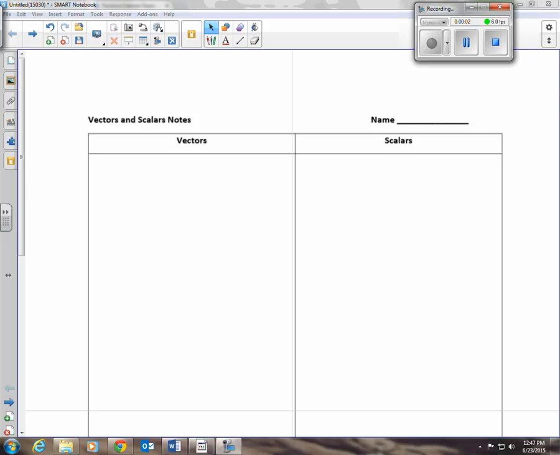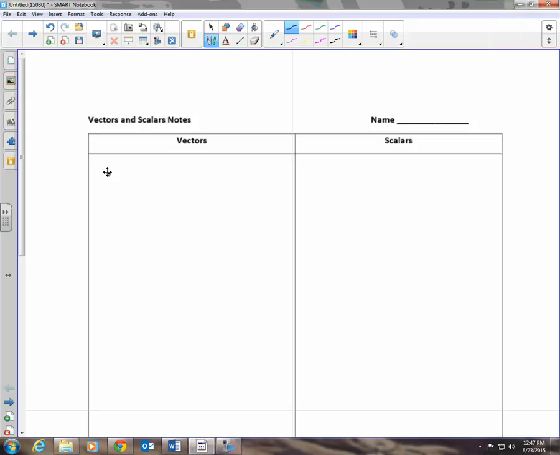We're going to start talking about vectors and scalars, and you learn about that in either Regents Physics or AP 1. We're going to have to go into a little bit more detail. But just the basic definition, vectors are quantities with magnitude and direction.